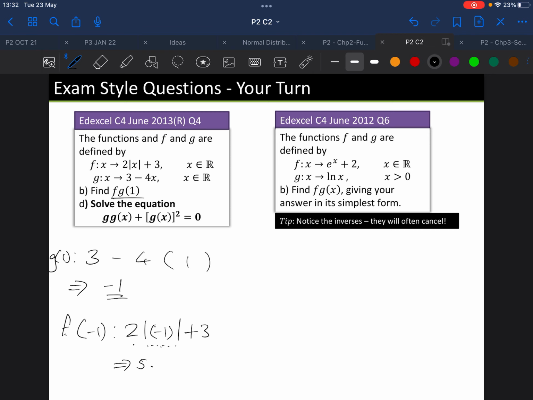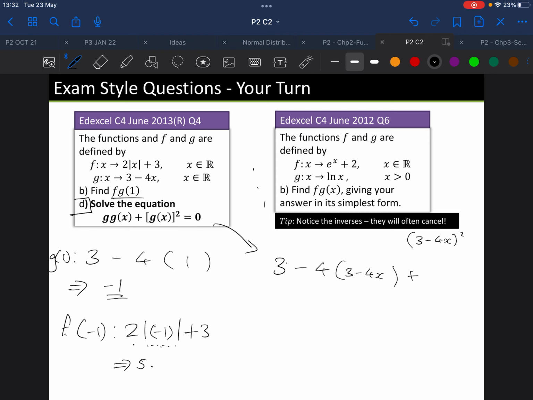We will just do this other part here as well, and I will leave this one on the right for you for another day. So g of g, so you write the g rule, and inside the g rule goes the g rule again, plus the g rule squared. So let's just do some working out to the side.